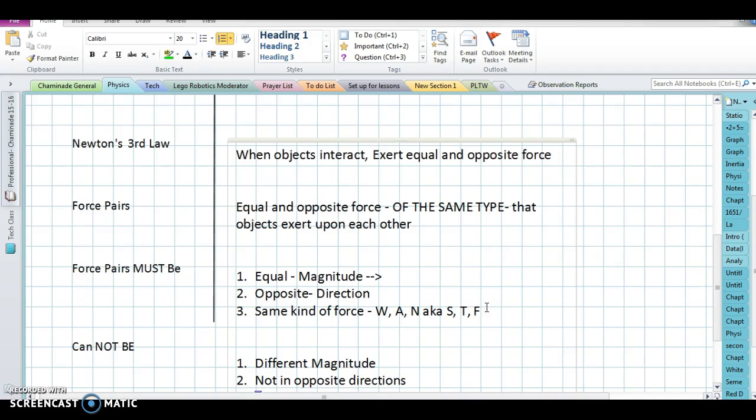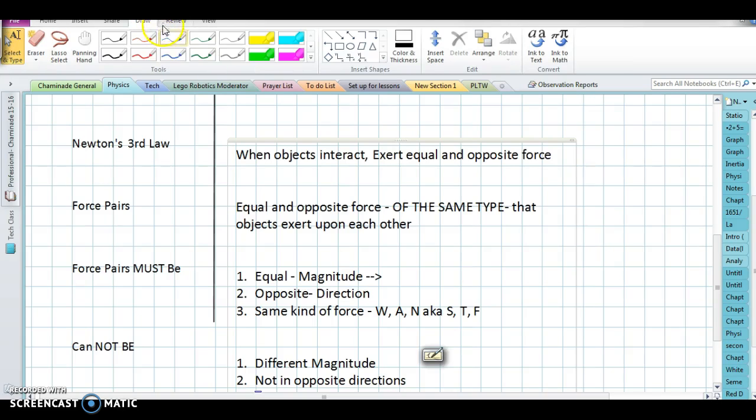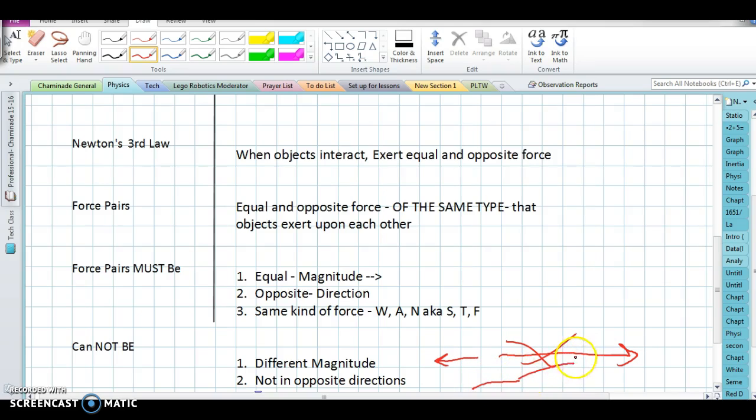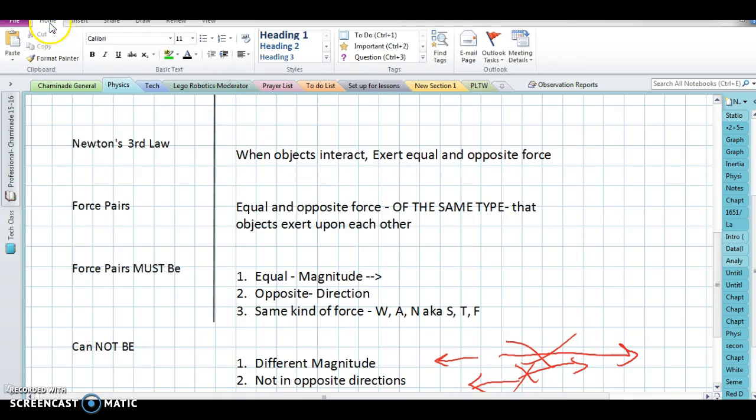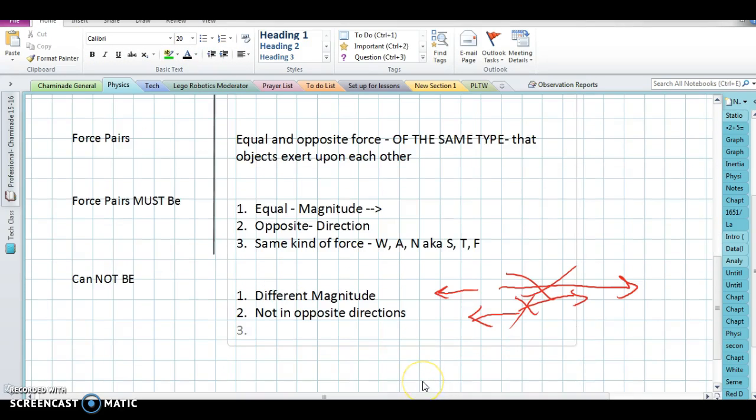So if they are not directly opposite, let's draw a couple pictures here. In this case, if there are different magnitudes, this versus this is wrong. They can't be like this versus this. That's not the same direction. Last but not least, they cannot be different types of forces.